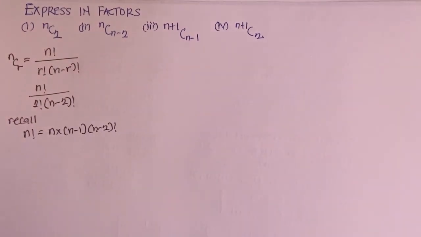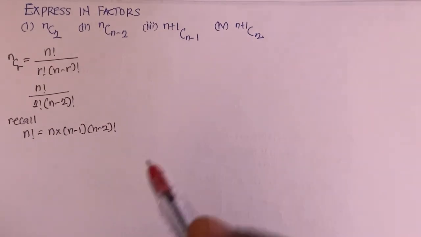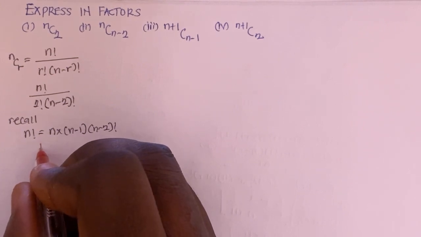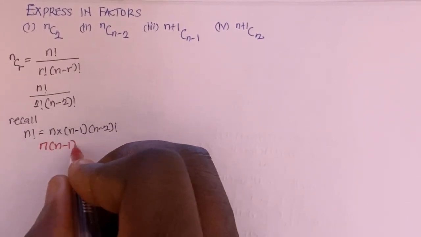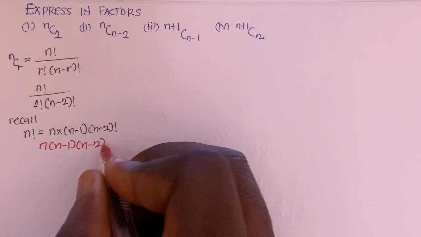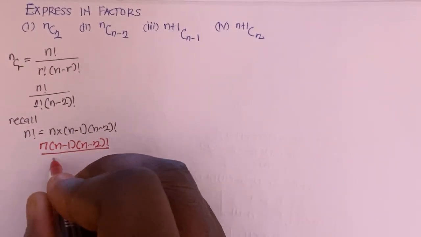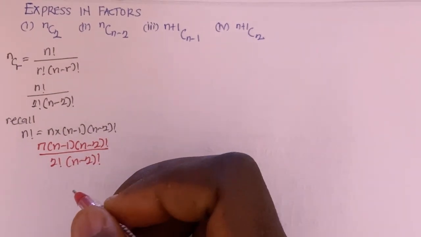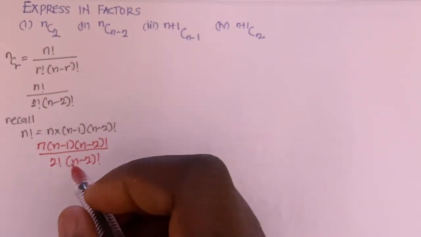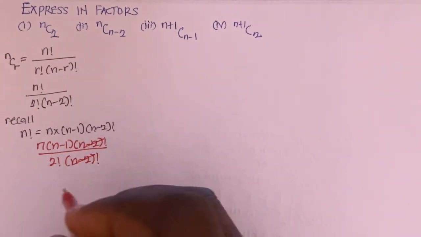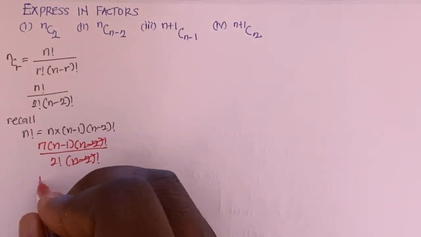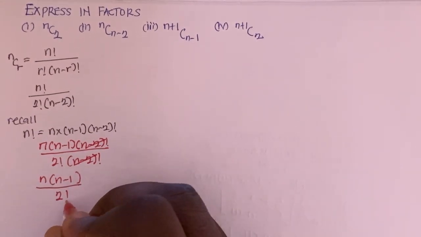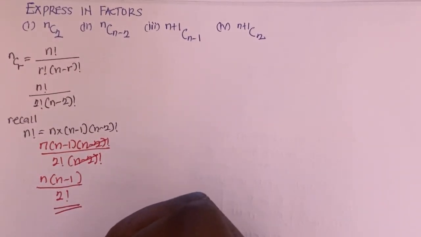Putting this here, I have n into bracket n minus 1 into bracket n minus 2 factorial divided by 2 factorial into bracket n minus 2 factorial. I can cancel the n minus 2 factorial, so the final factor form is n into bracket n minus 1, divided by 2 factorial.